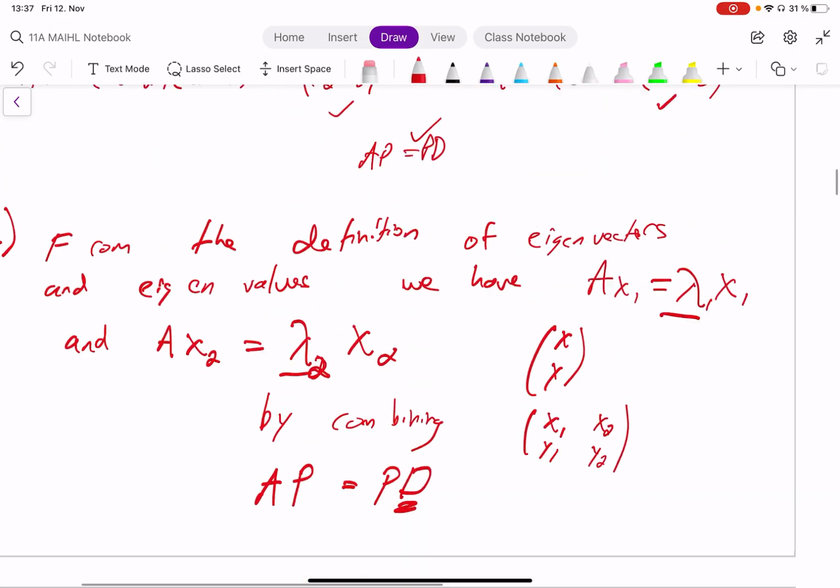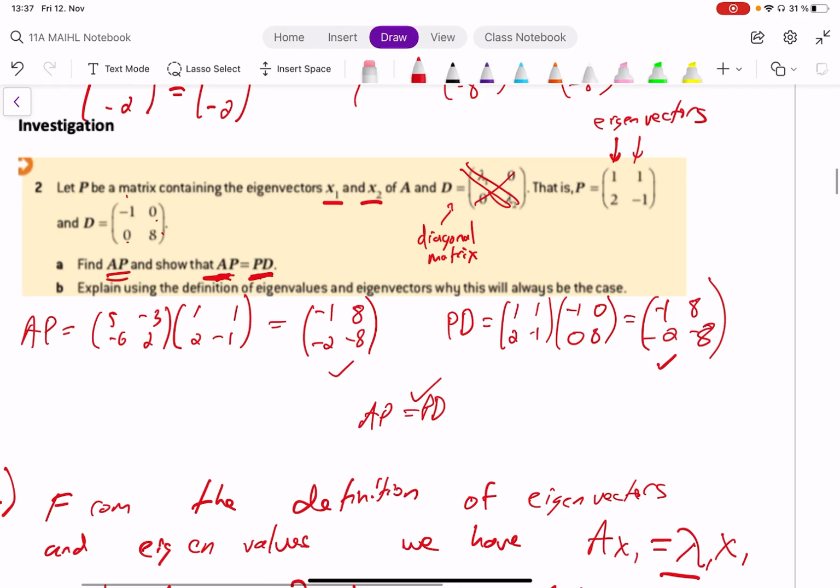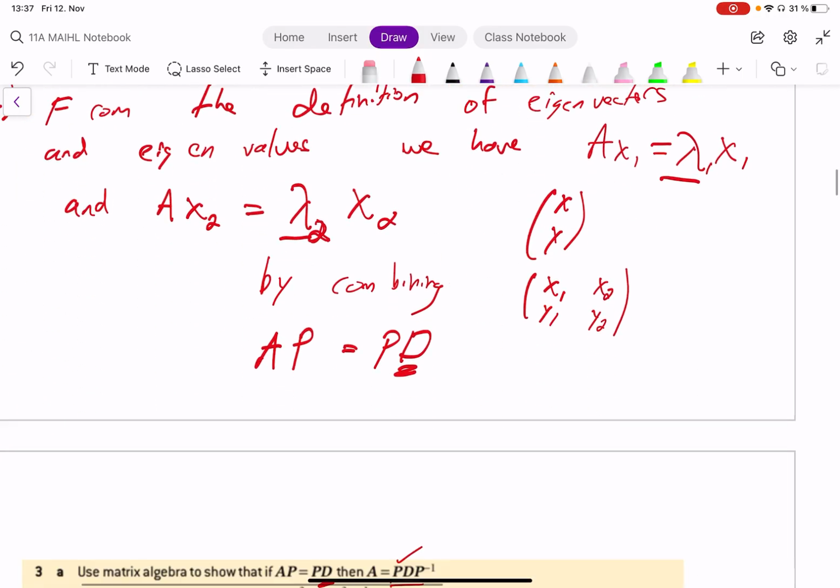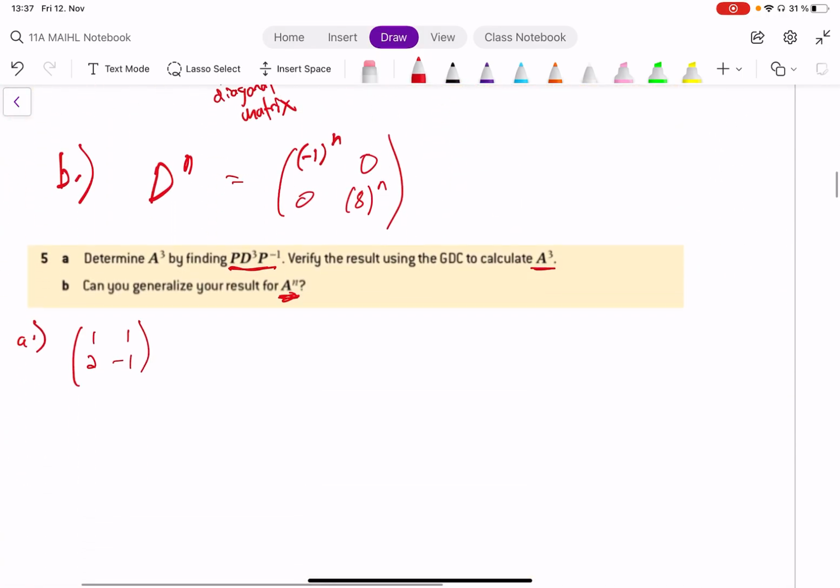It defined P for us right here. And then the diagonal matrix to the third. The diagonal matrix was 1, 0, 0, 8, and that's to the third. And then we have to find the inverse of P, so we need to take 1, 1, 2, negative 1 to find its inverse.